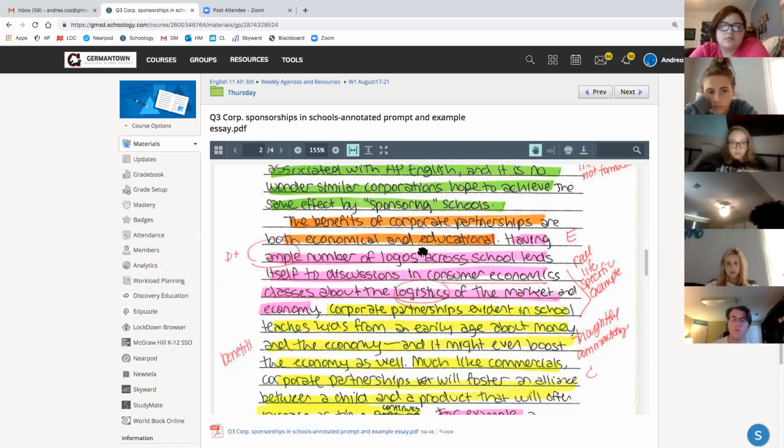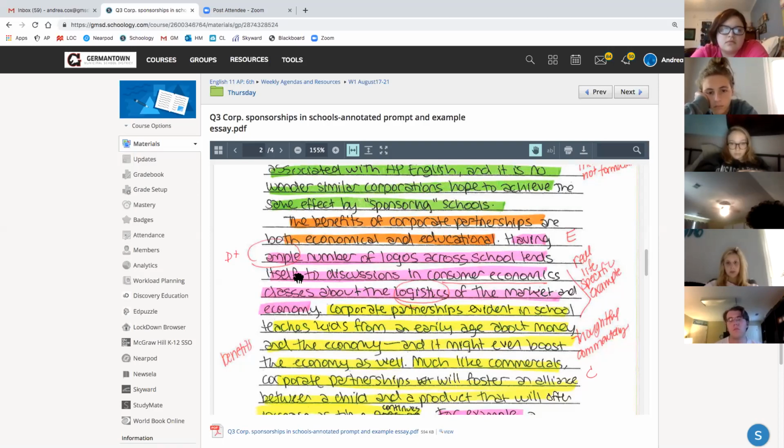"Having ample number of logos across schools lends itself to discussion in consumer economic classes about the logistics of the market and the economy." Now, that piece of evidence is specific, it's personal, and it's real life. You can tell if this kid actually is in a high school taking an economics class and has made the connection to what's being learned in the classroom and what they're seeing in real life. Right.